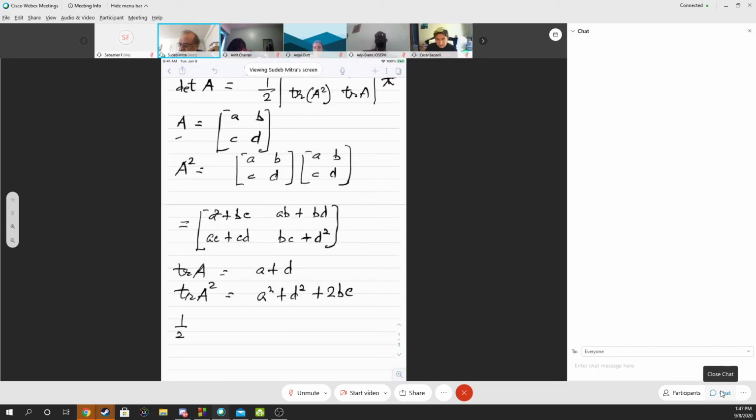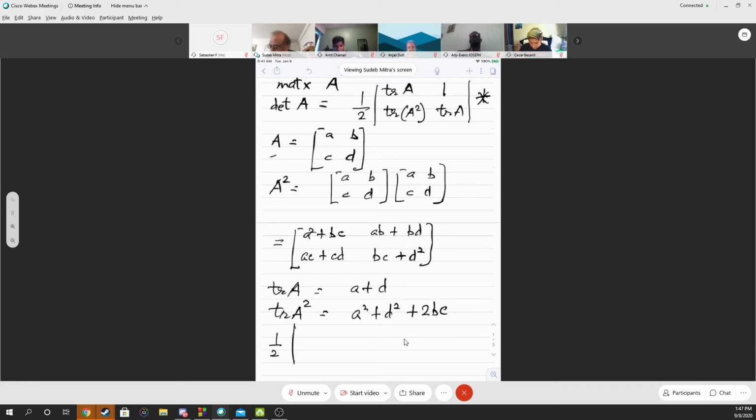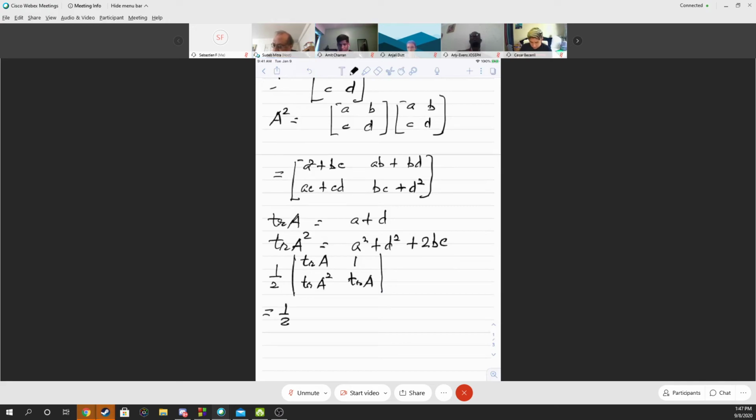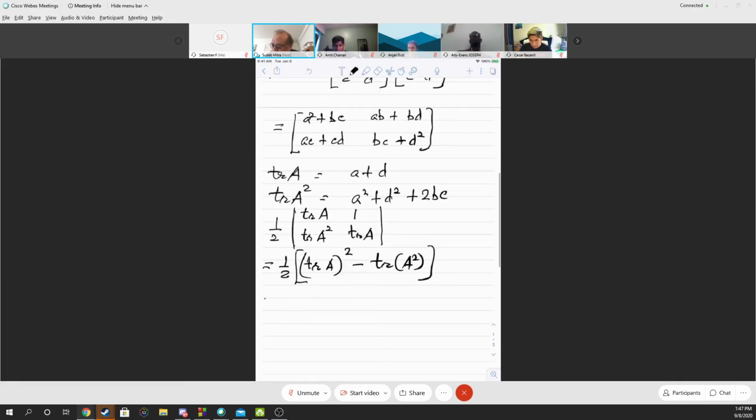Half A1 A2 is equal to half trace A squared minus trace of A squared. Now that is half: trace of A squared is A plus D squared, minus trace of A squared, that is A squared plus D squared plus 2BC.